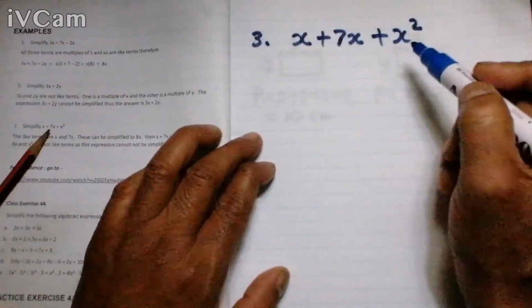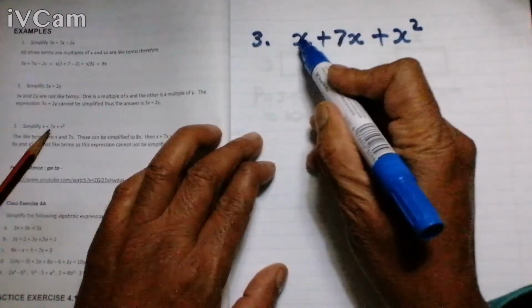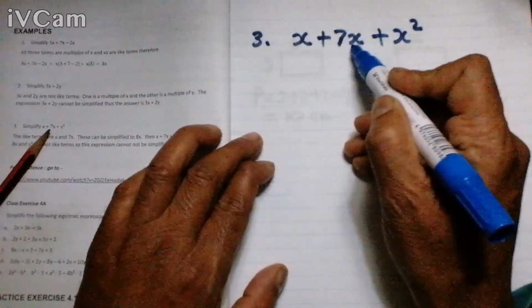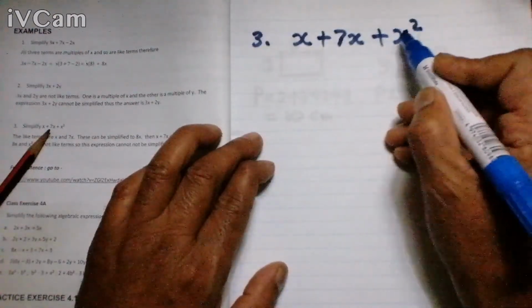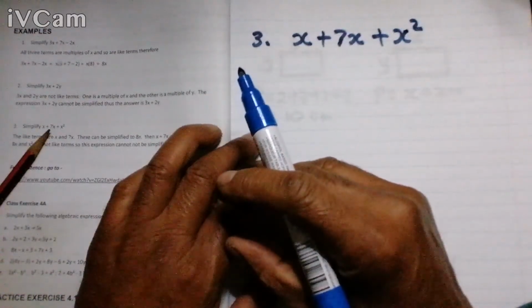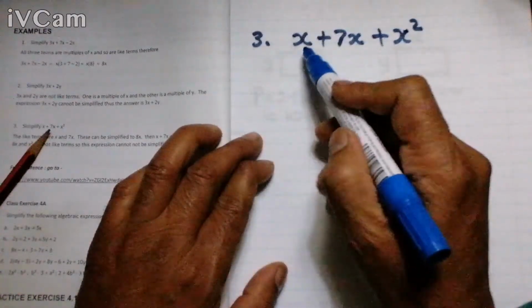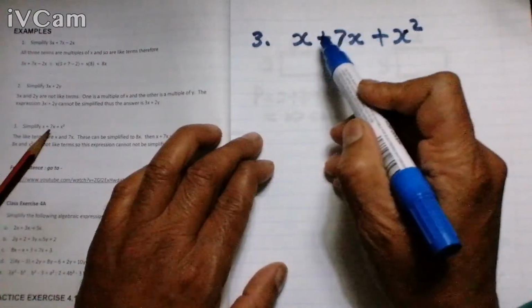Alright, so this is a term where the variable is x. This is also a term in the variable x, and this is a term also using the variable x. But are they like terms? Remember, for terms to be like, the variable needs to be the same and the index needs to be the same.